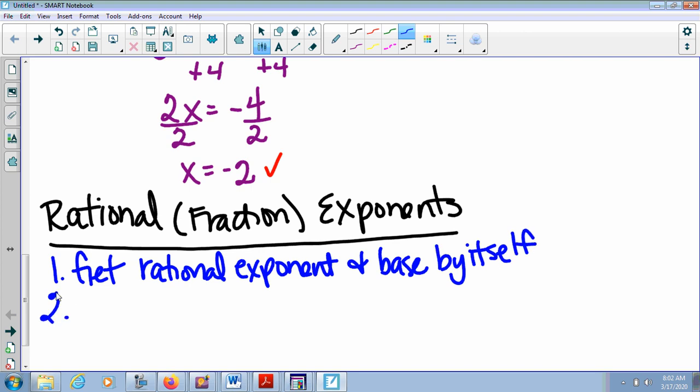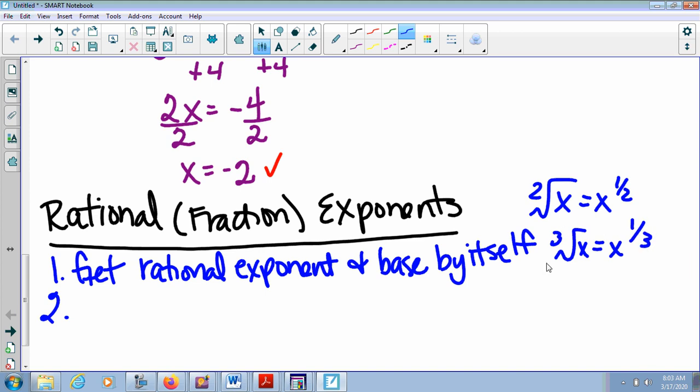Okay. And then just like up above, if something was square rooted, we had to square it. Or cubed rooted, we had to cube it. Or fourth rooted, we had to raise it to the fourth power. So if we think about what that actually means with a fraction exponent, remember that the square root is the same as the 1/2 power. The cubed root is the same as the 1/3 power.